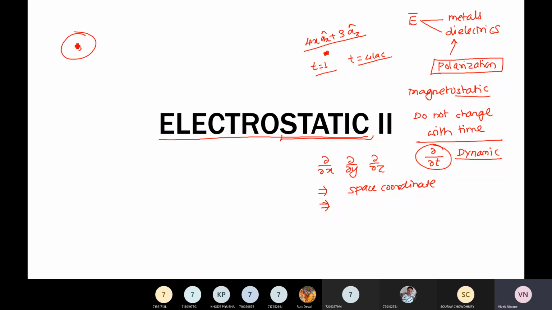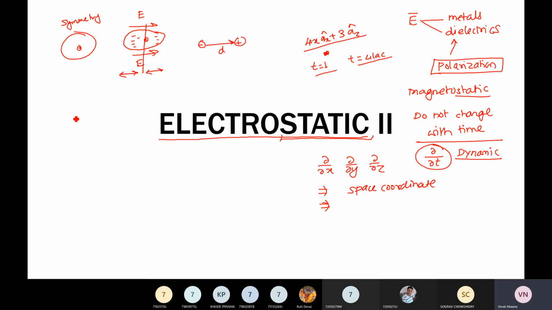If there is no externally applied electric field, then we have symmetry in the atom. Under the influence of an externally applied electric field, more electrons come to one side compared to the other, so this part of the atom is more negative compared to this part, and we say we have created a dipole. There is some distance d between the two poles.